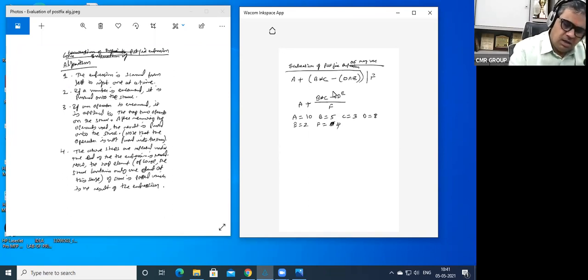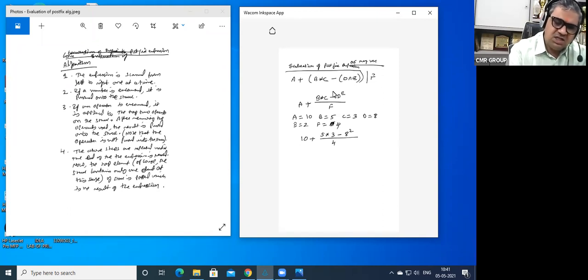Let us do it mathematically. If you substitute, it is 10 plus 5 into 3 minus 8 to the power of 2, divided by 4.